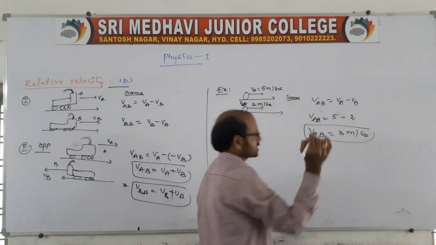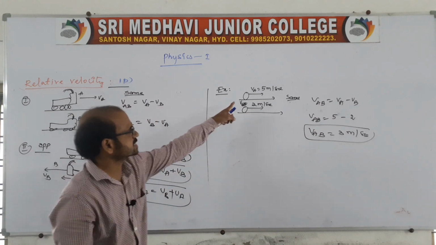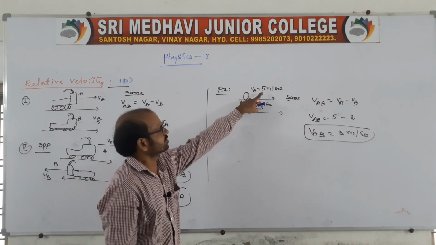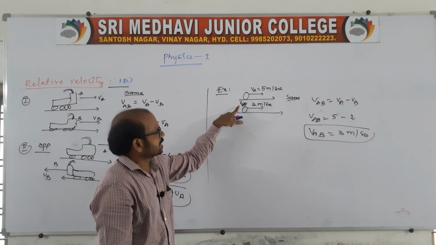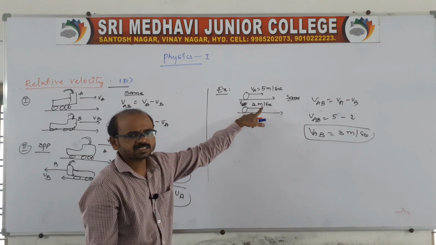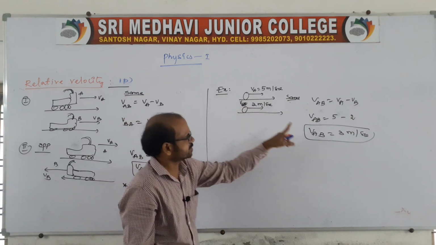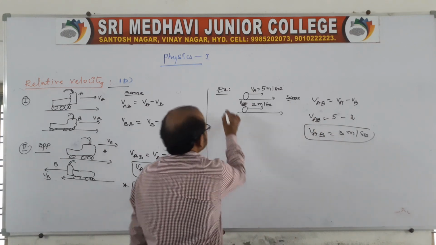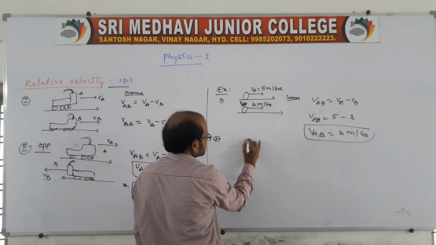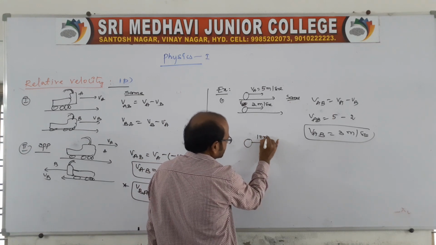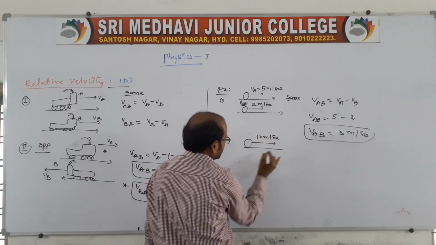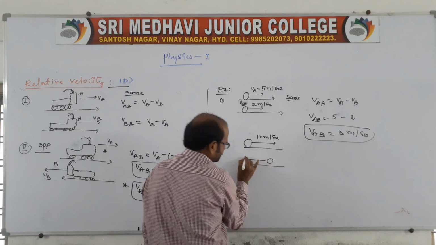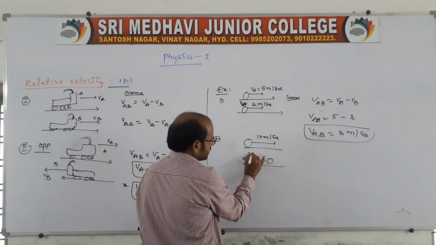The relative velocity of A with respect to B, if they are moving in the same direction, with A at 5 meter per second and B at 2 meter per second, is what we got. Now take the opposite case. Suppose A is moving at 10 meter per second and B is moving opposite at 20 meter per second.